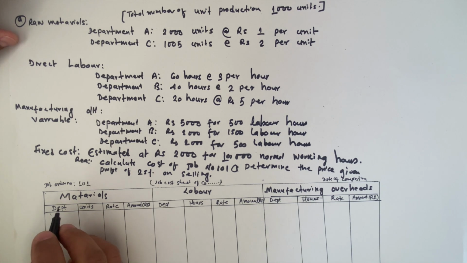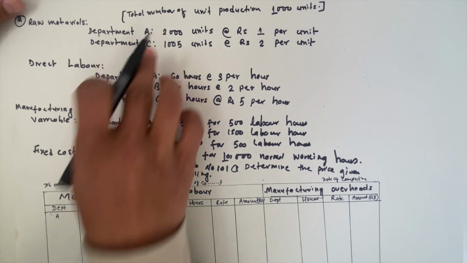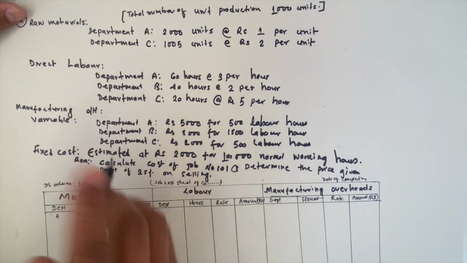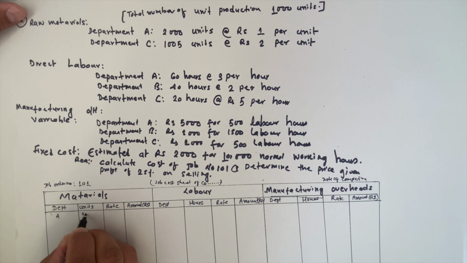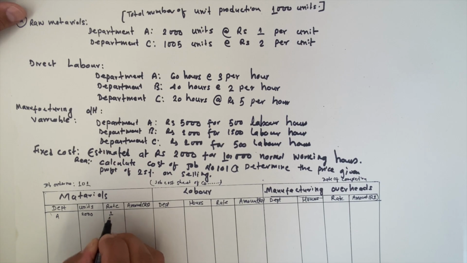So department A, we are given here department A for raw material, 2000 units, rate is rupees 1 per unit, and the amount is unit multiplied by rate. So we get here 2000 rupees.